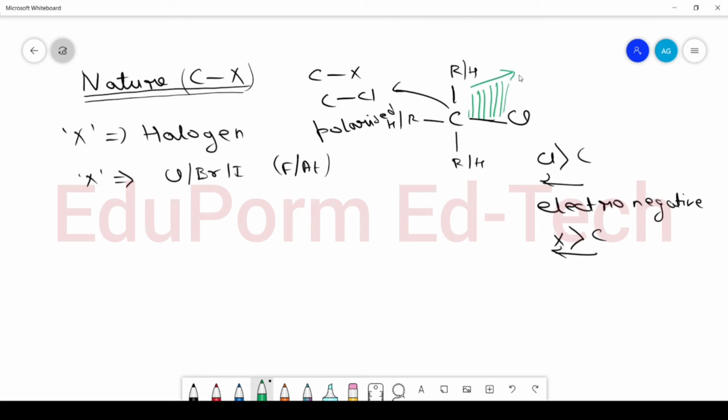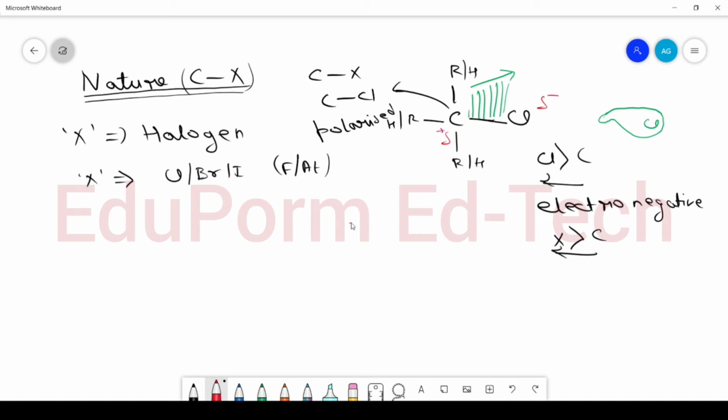That means the electron cloud will be pulled towards the halogen atom. So this halogen atom acts as a partial negative center, whereas the carbon acts as a partial positive center.